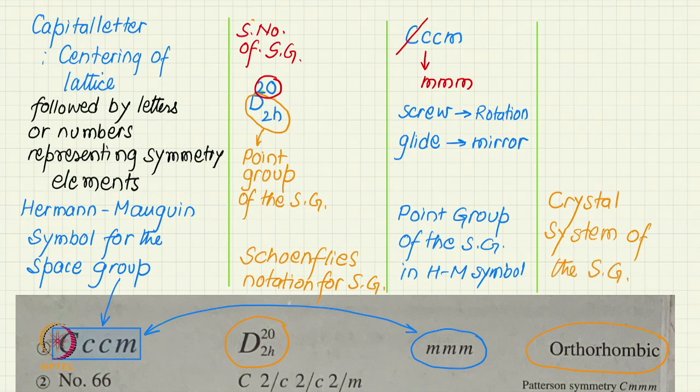So, from the first line you know that this space group belongs to the orthorhombic crystal system, has the point group MMM, has Hermann-Mauguin symbol capital C followed by CCM, and has a Schoenflies notation D sub 2H and superscript 20.